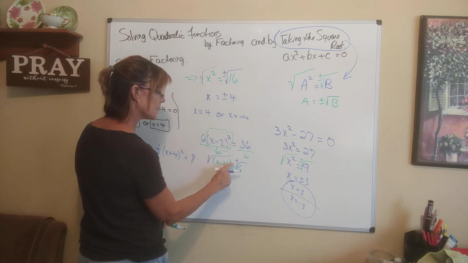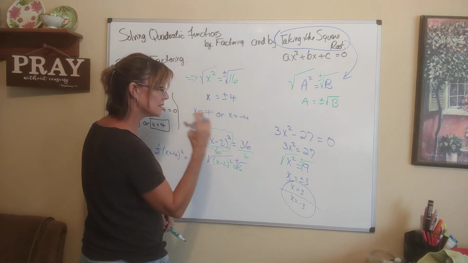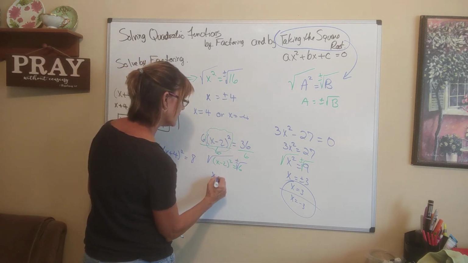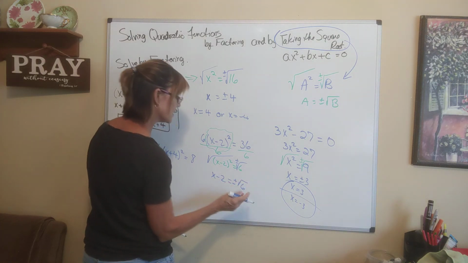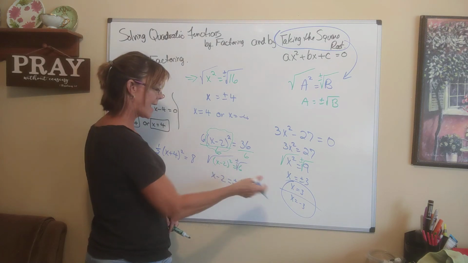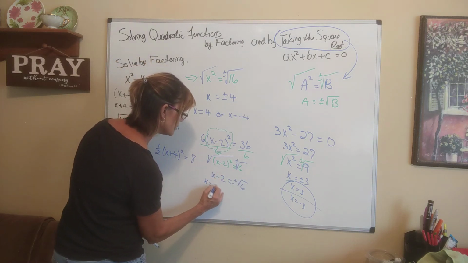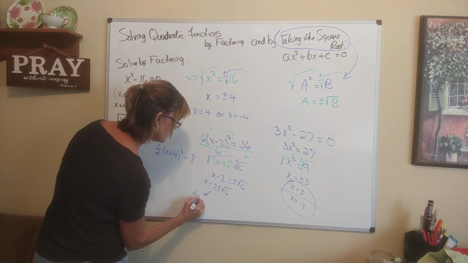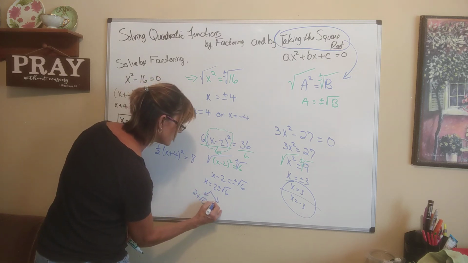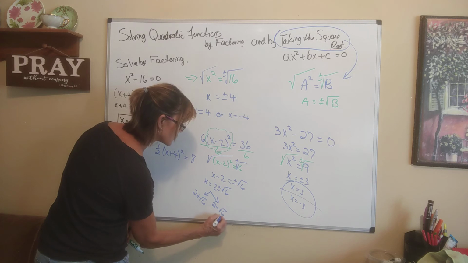The square root of something squared is just the something. So in this case, what comes out is x minus 2 is equal to plus or minus the square root of 6. Now to solve for x, we add 2 to both sides. So we get x is 2 plus or minus the square root of 6. One solution, 2 plus the square root of 6. The other solution, 2 minus the square root of 6.